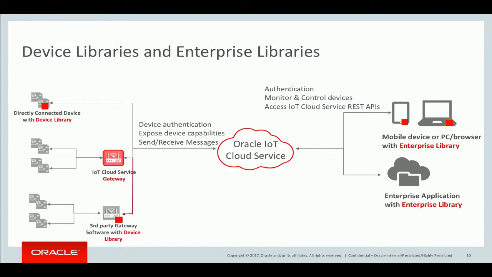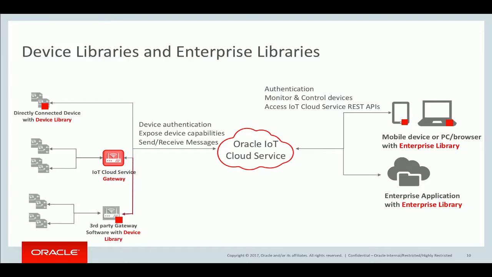On the other side, we have the enterprise libraries. These are meant for monitoring your devices. On one end, the question we are trying to solve is, how do you make your edge devices and gateways send their data upstream, and for that we have our device libraries, which help you with device authentication and expose device capabilities.